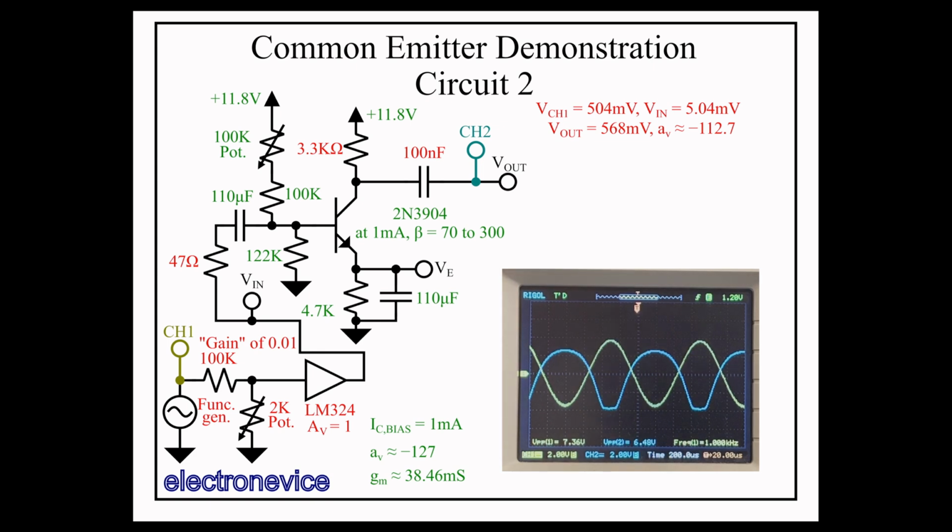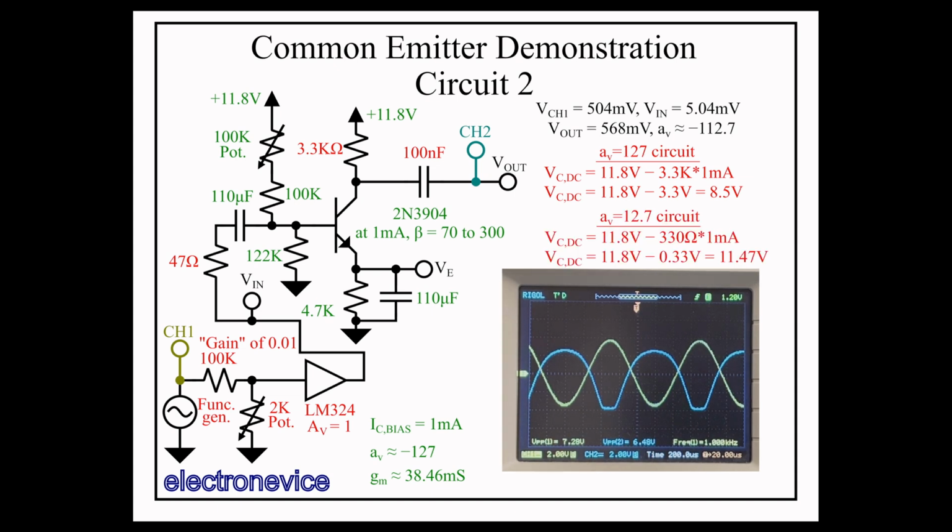And now, with a large enough amplitude, we can see flattening on the bottom side of the waveform, which is not what we saw with the previous circuit. This is because the collector voltage without any input voltage is biased to a much lower voltage in this circuit, about 11.8 minus 3.3 volts, so about 8.5 volts, rather than 11.8 minus 330 millivolts, or about 11.47 volts.